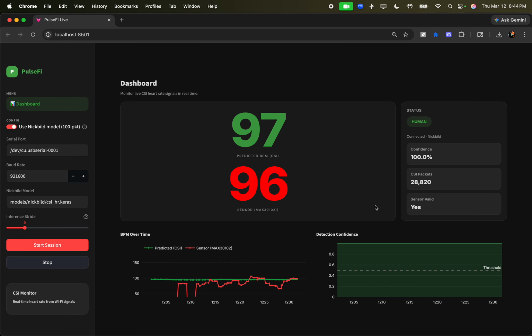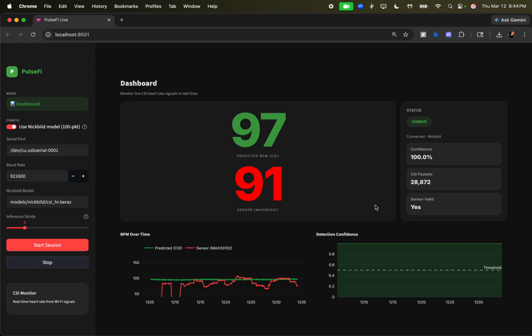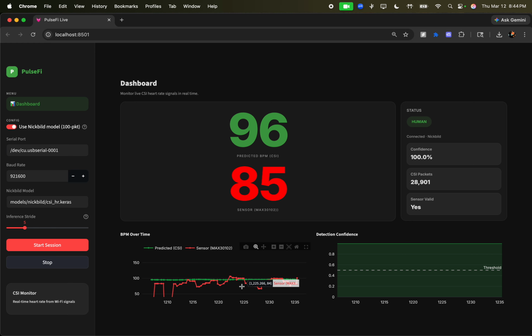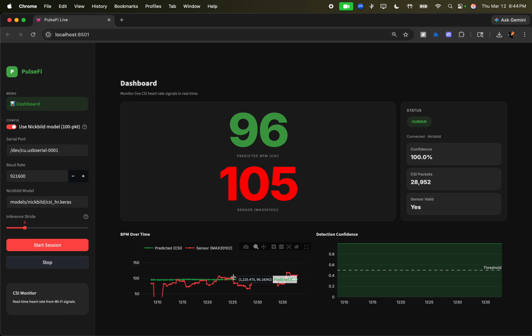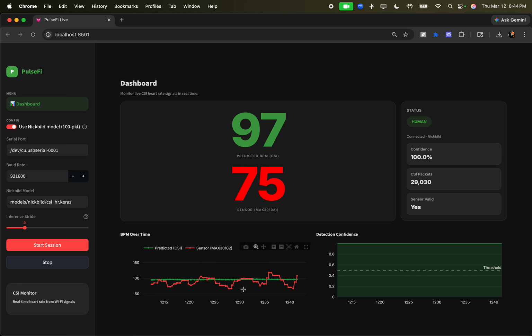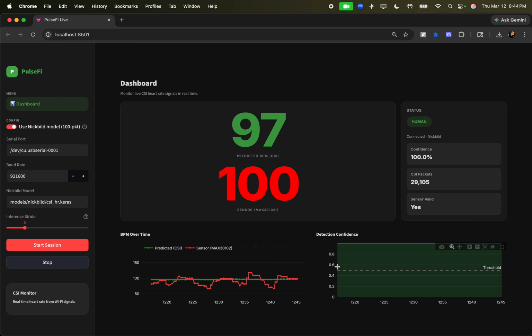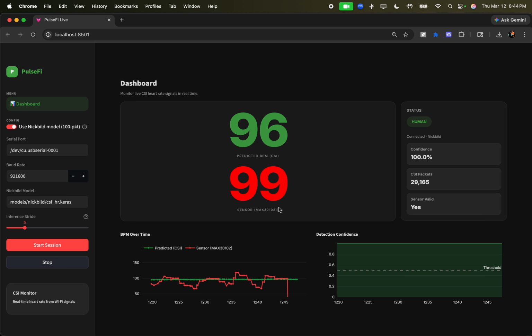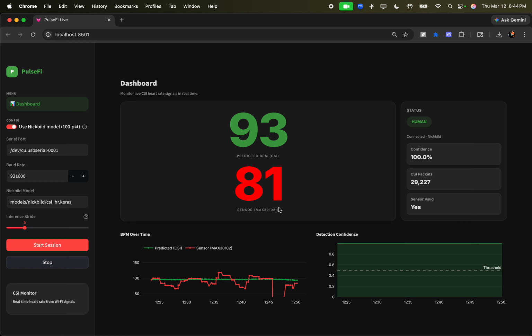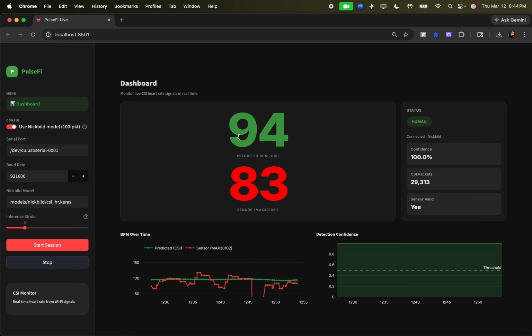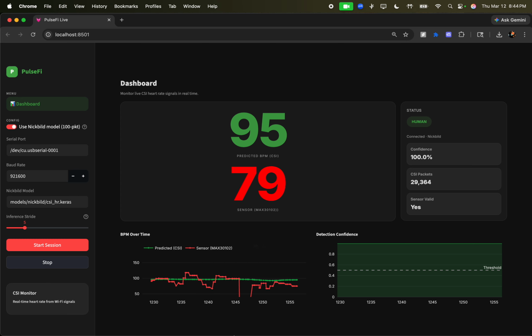Of course, the sensor isn't very accurate either. You can see there are dips in the sensor ranging from around 105 straight to 77, which is just not possible because my heart rate is pretty stable right now. But I can average it out, and it is pretty close to the predicted value when we look at the graph here.